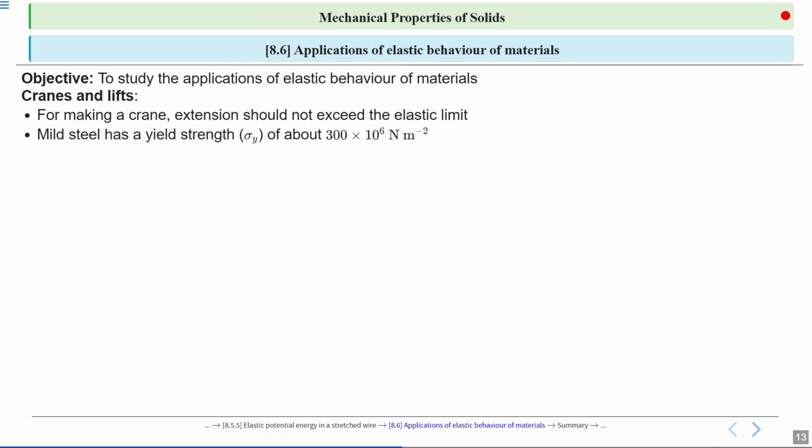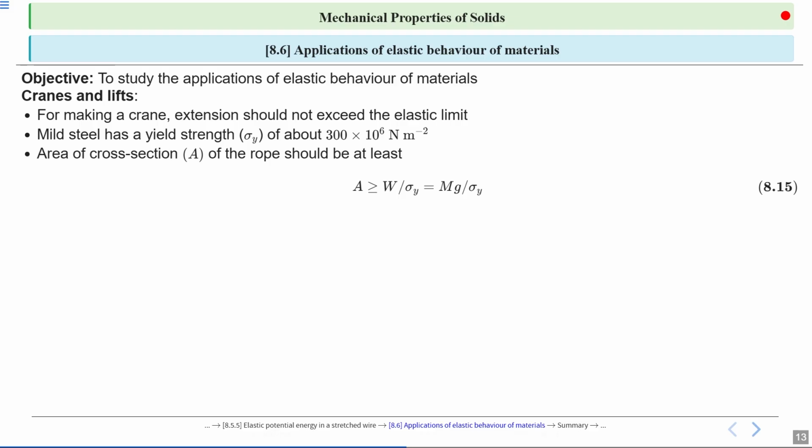For example, mild steel is commonly used in ropes and cables for cranes, because it has a high yield strength. Yield strength means the maximum stress a material can handle before it starts to deform permanently. For mild steel, the value is about 300 million newtons per square meter, or 300 into 10 raised to the power 6 newton per meter square.